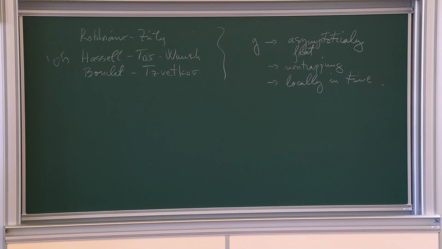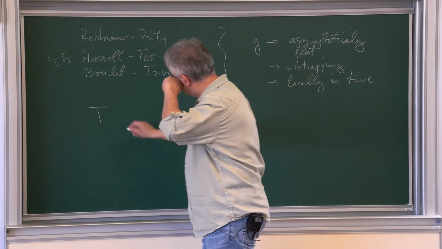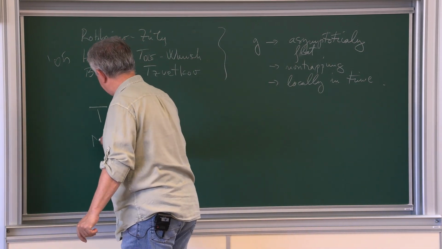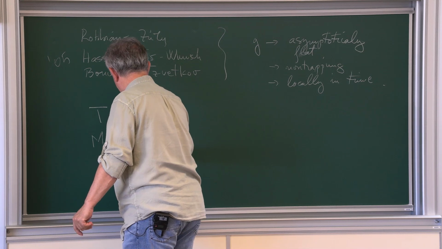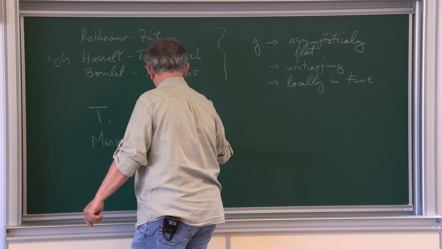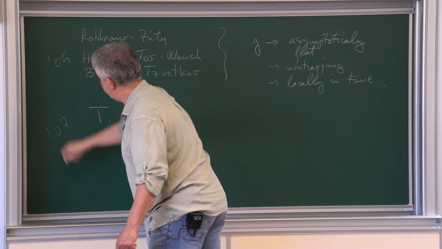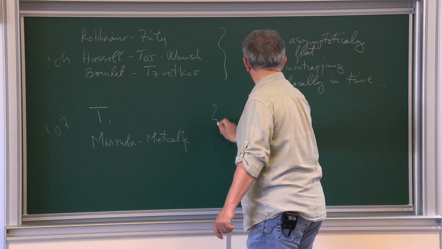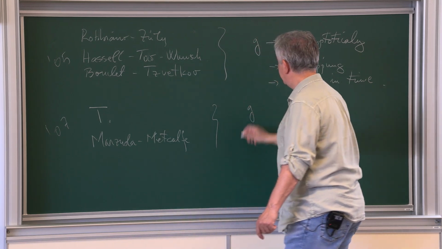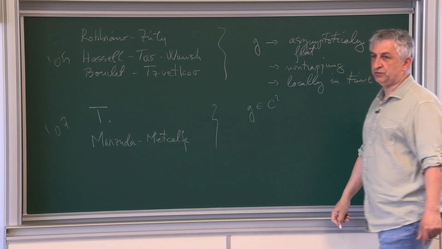And global in time, it's yet another layer of difficulty. And so this is work that I did, and work that I did with Marzuola and Metcalfe. So maybe it was about 2007. This is kind of similar with some improved regularity of the metric. So this is where we get to C2 metrics.